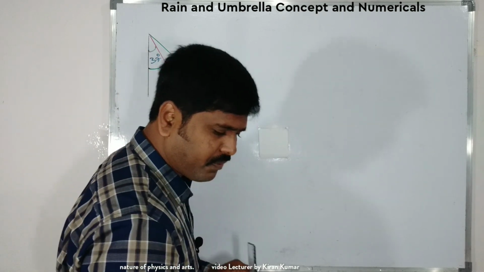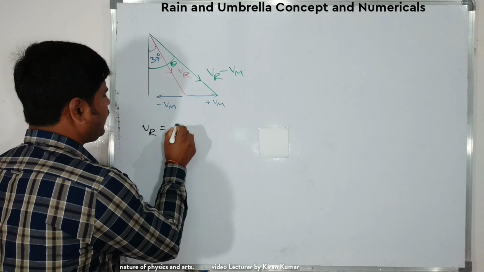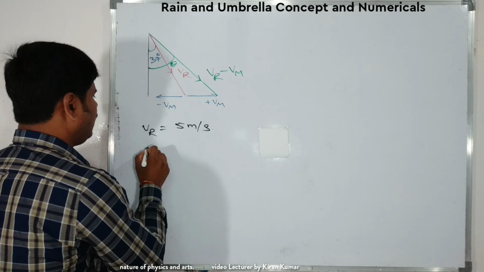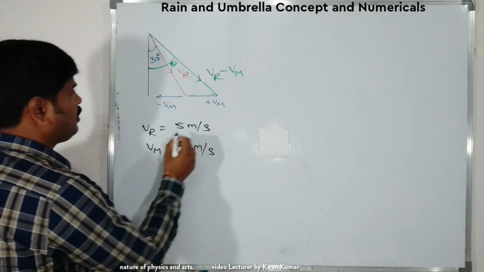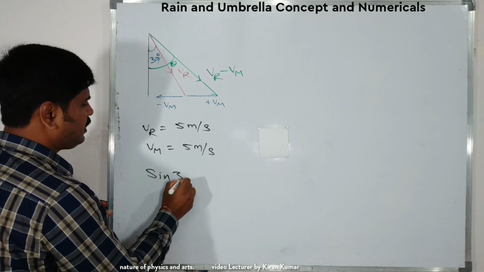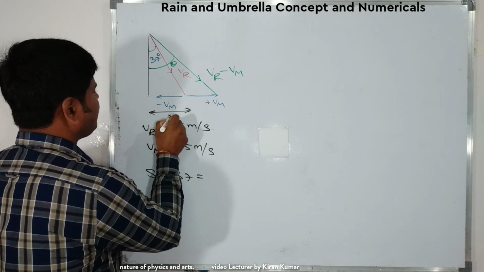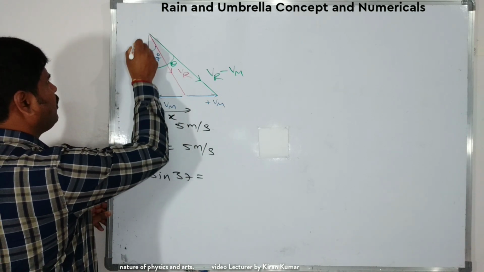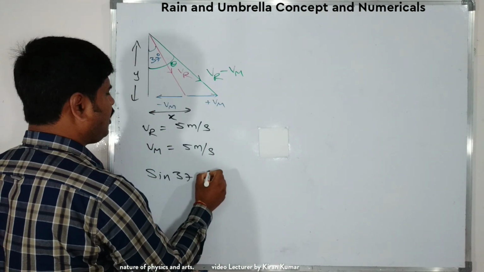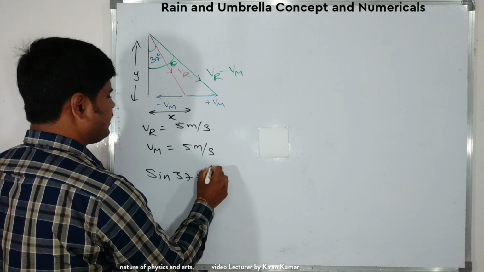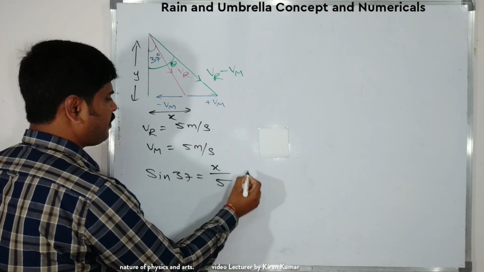So we have to find tan theta in our question. See, step by step we can discuss. Here Vr is equal to 5 meter per second given, and Vm also 5 meter per second. Now I can write sine 37, taking this as the x value and this as the y value. Sine 37 is equal to x divided by Vr, which is 5.